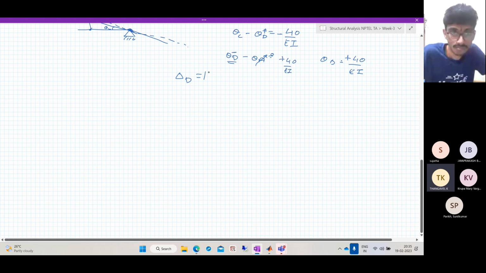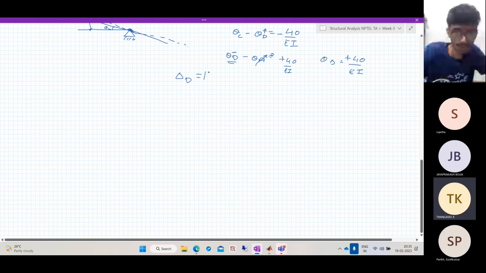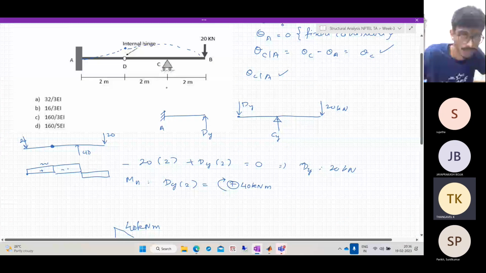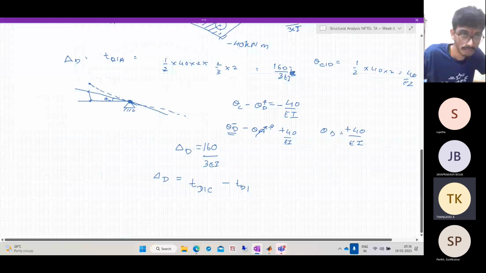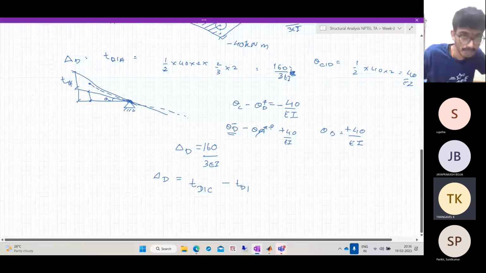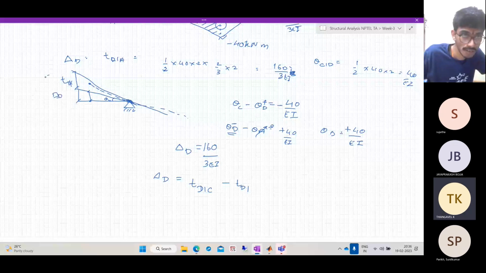That means the tangent, it is nothing but T. If you draw a tangent at the point C, this one is TD with respect to C, and this one is delta D. And what is the total?